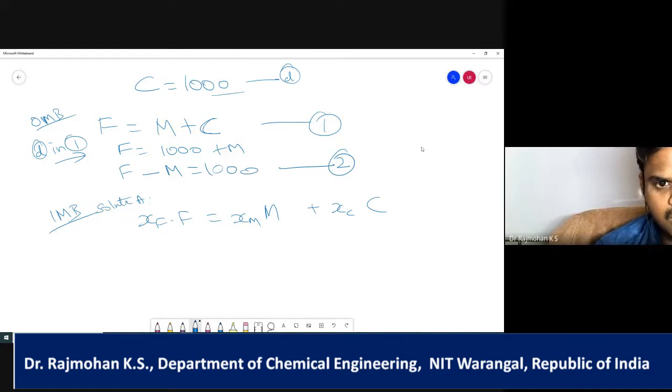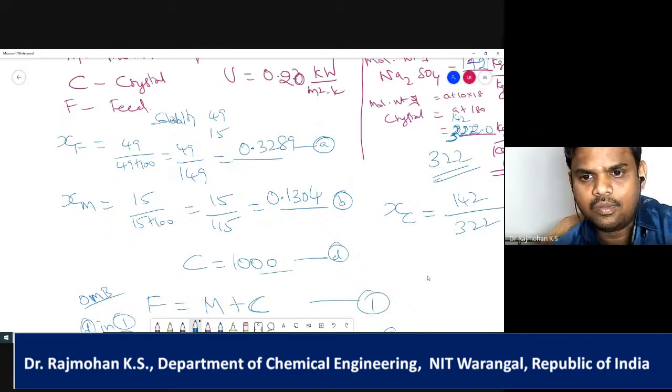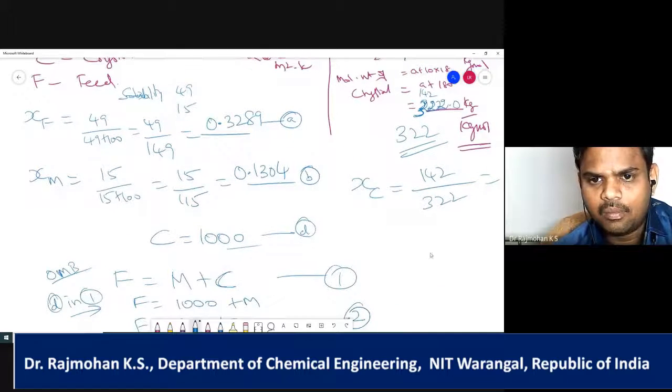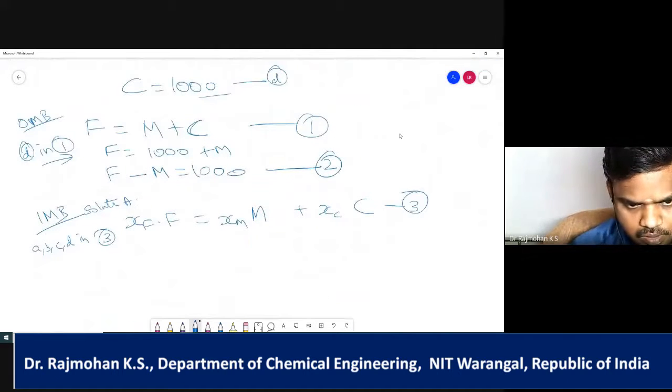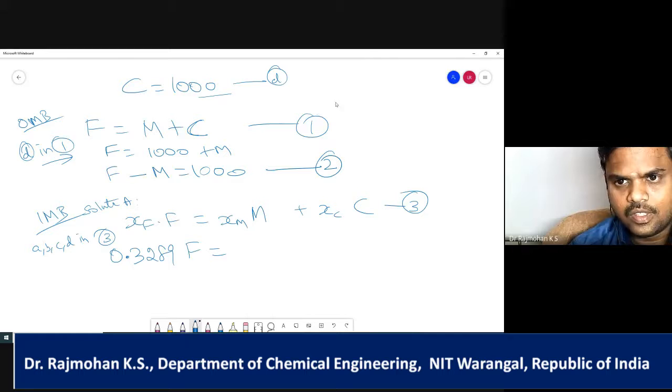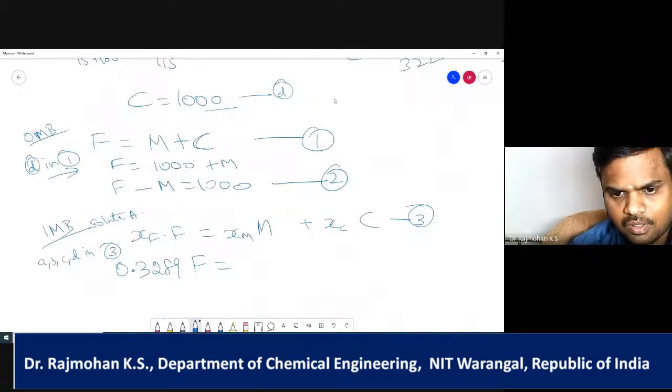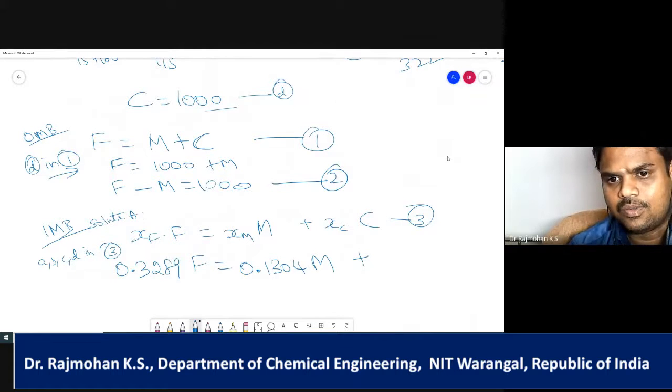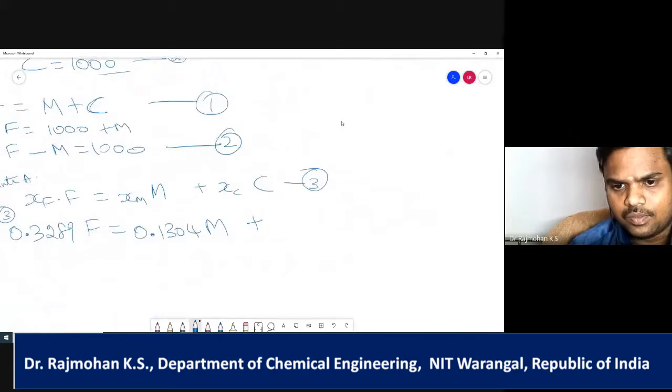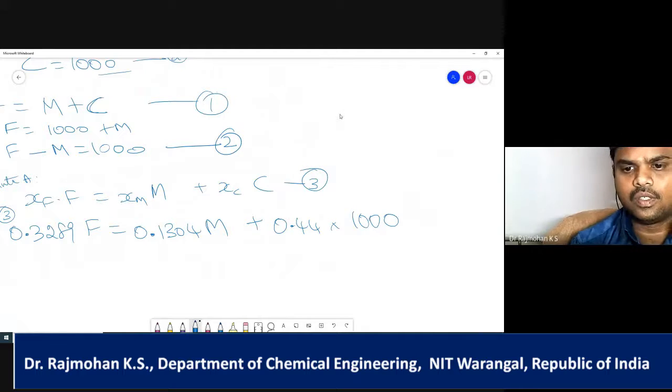Substituting the conditions in equation 3 gives us: what is the XF value? 0.3289 F is equal to, what is our XM value? 0.1304 M plus, what is our XC value? 0.440, with C as 1000.